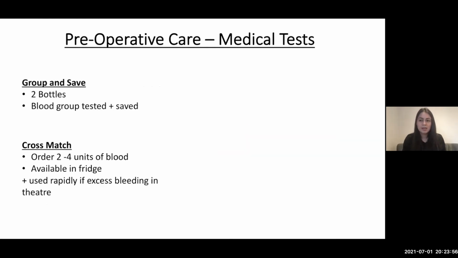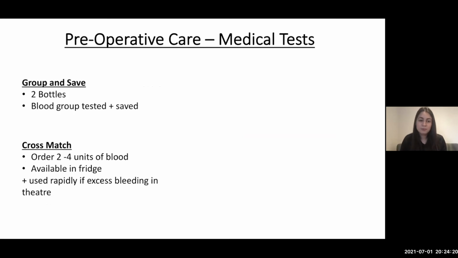So group and save, this test requires preferably 2 bottles, 2 samples, which are taken at 2 different times. And what the lab do is they test the patient's blood group, and they store it on the system. So it's just that we know the blood group and it's there for everyone to see.